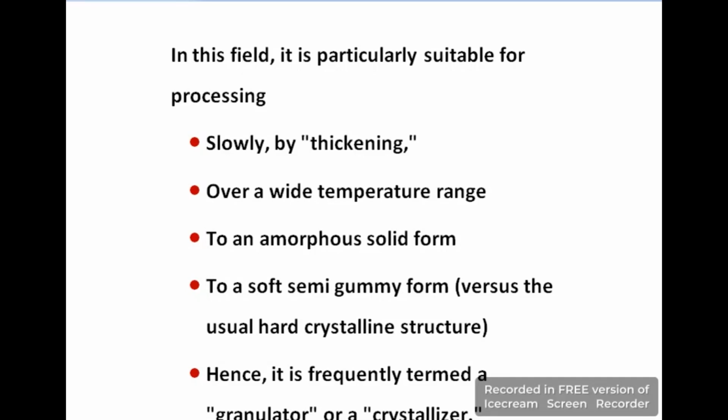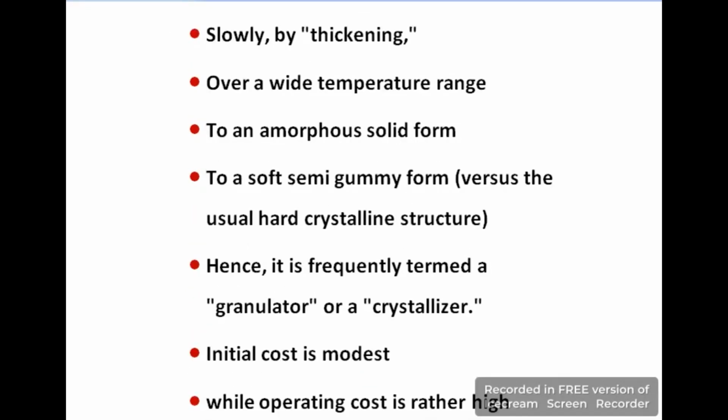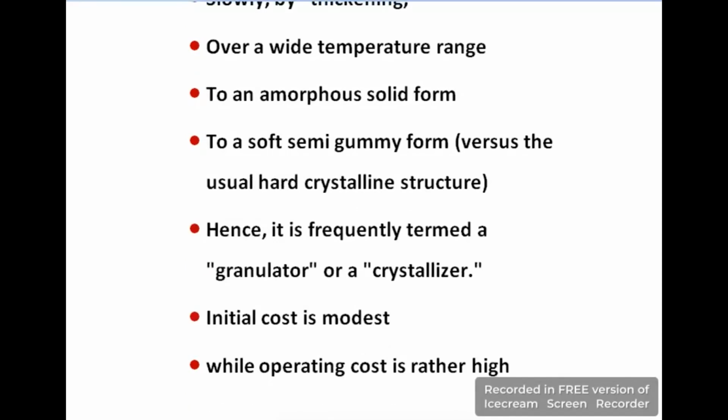They are used for solidification of amorphous solids. Other than that, they are used for soft semi-gummy forms, and also for granular products or crystallizers. Its initial cost is modest while the operating cost is high.